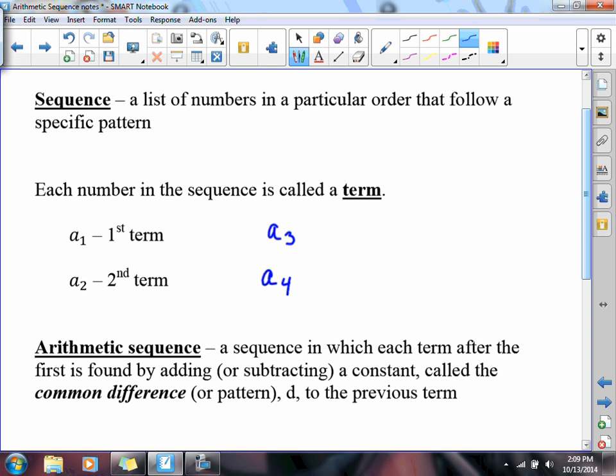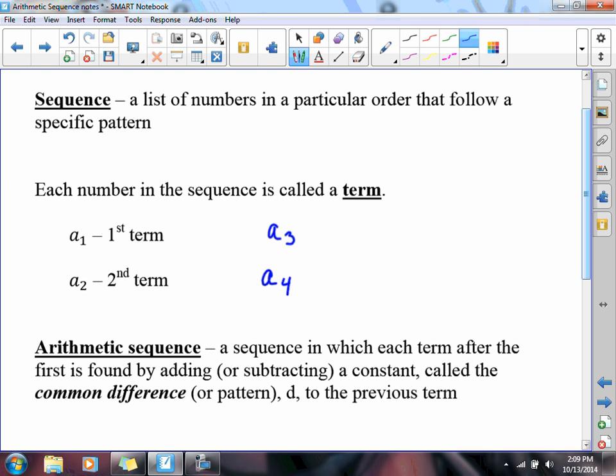And we're going to talk about 2 different types of sequences this year. We're going to talk about arithmetic sequences and geometric sequences. So for now, the arithmetic sequence is a sequence in which each term after the first term is found by adding or subtracting a constant number. And that number is going to be called the common difference, or that's your pattern that you're following.